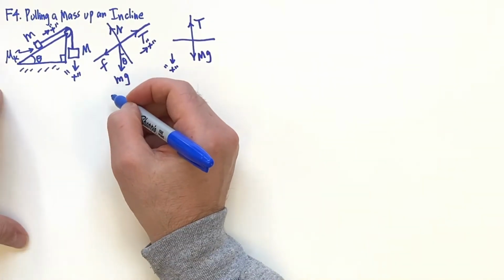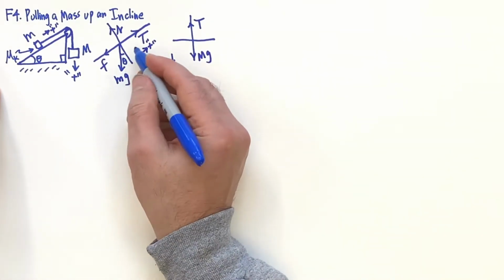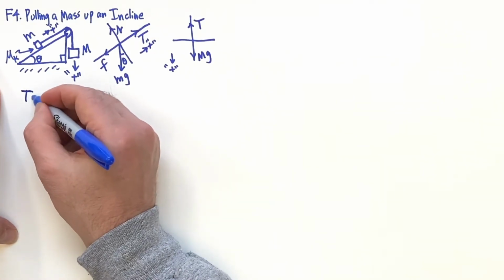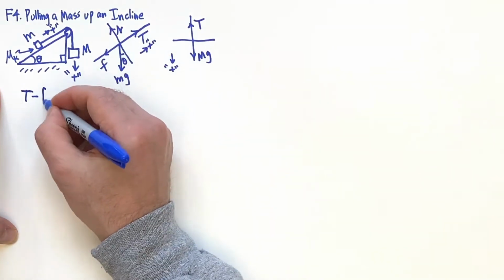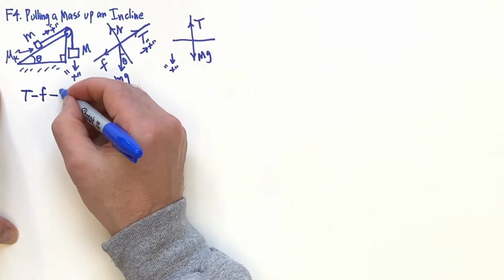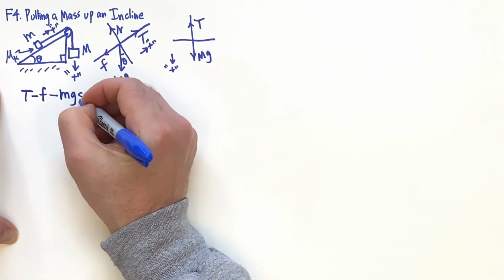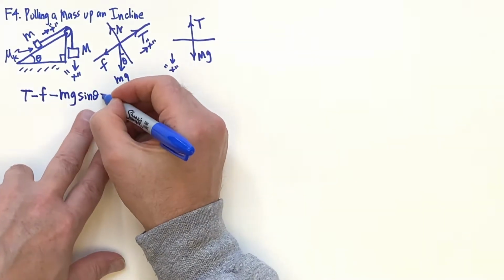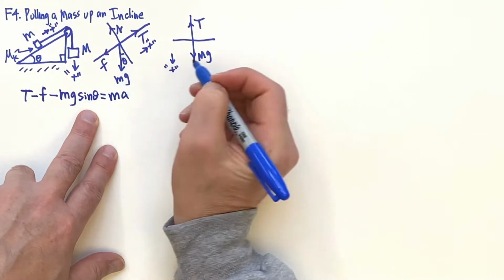Now we're ready for Newton's laws. So this one here will be T going up, minus f going back, minus the mg sine of theta going down, and that's going to be little ma.